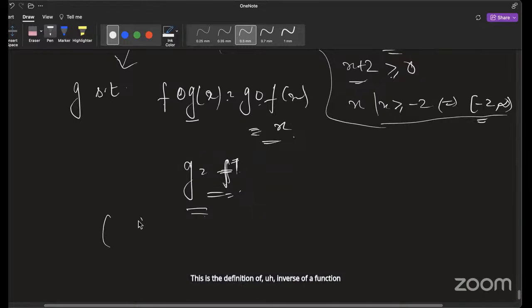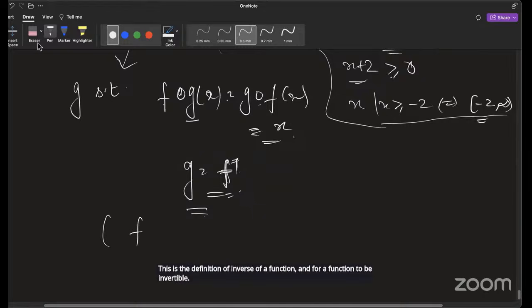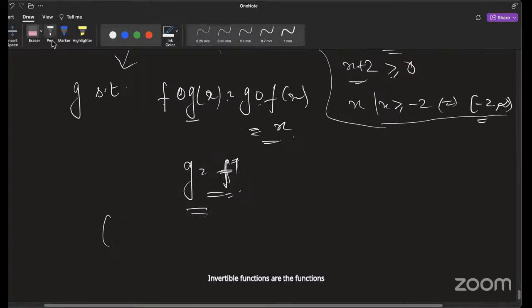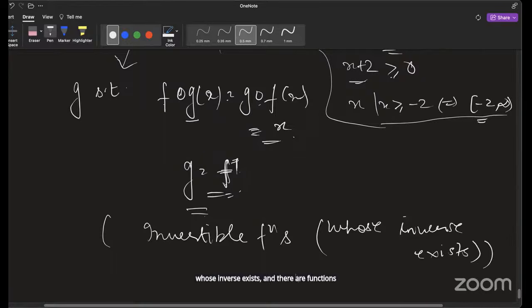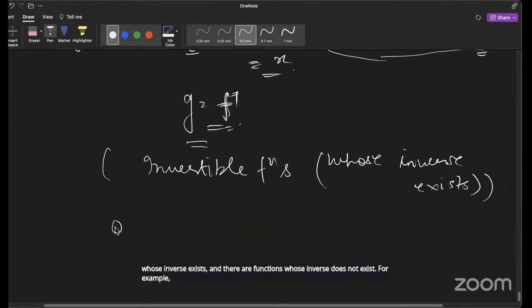For a function to be invertible, invertible functions are the functions whose inverse exists. There are some functions whose inverse does not exist. For example, the quadratic functions.